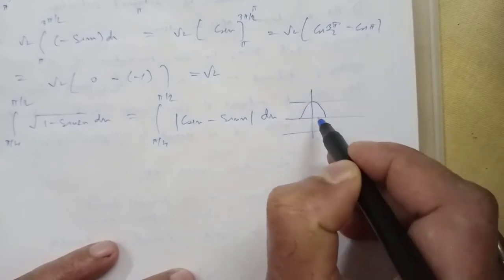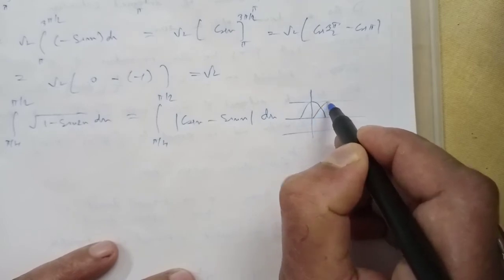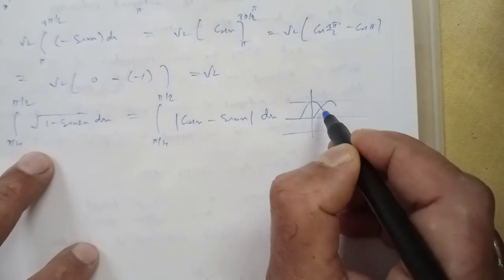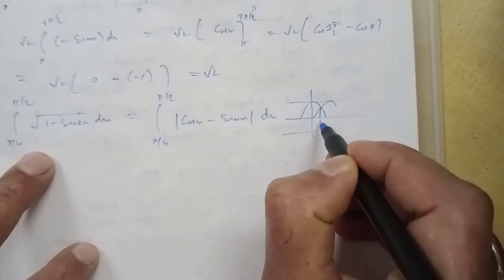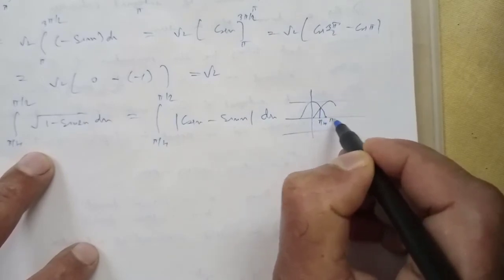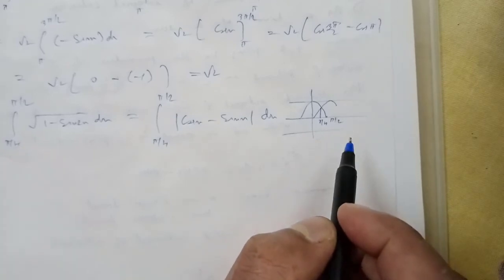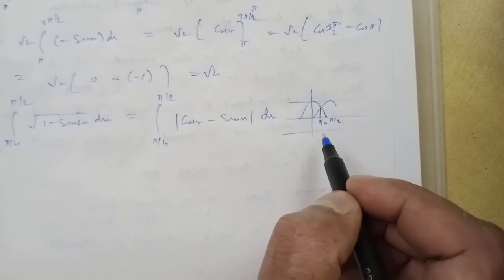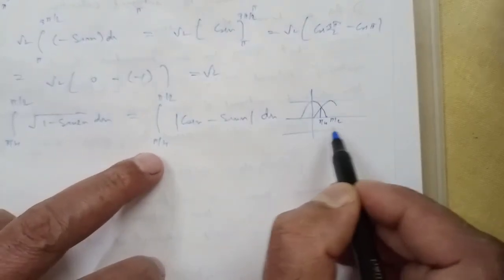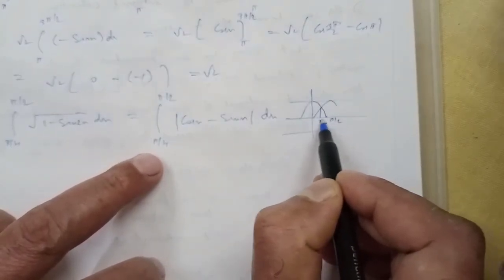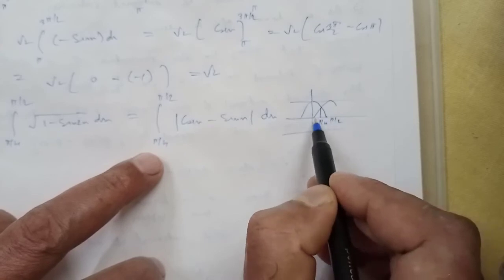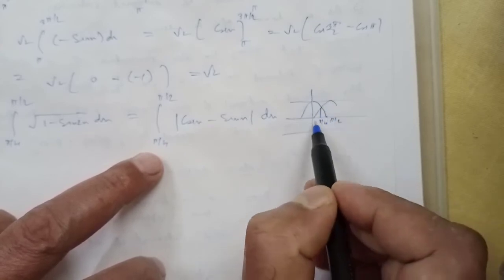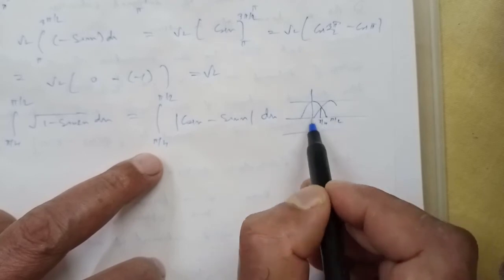This is cos x and this is sin x. This point is pi by 4 and this point is pi by 2. We have the interval pi by 4 to pi by 2. In this interval, sin x is more than cos x. But in the interval 0 to pi by 4, cos x is more than sin x.